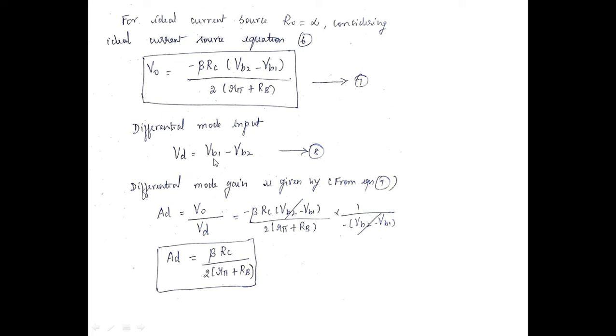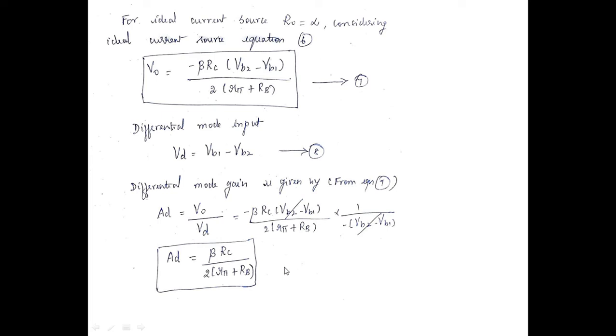Since here the VB1 is in the terms of VB1 minus, I'm taking the minus term outside and I've written that one as minus of VB2 minus VB1. These two terms are getting cancelled. So I can write my differential mode gain is equal to beta RC divided by 2 into R pi plus RB. So this is one way of finding the differential amplifier.